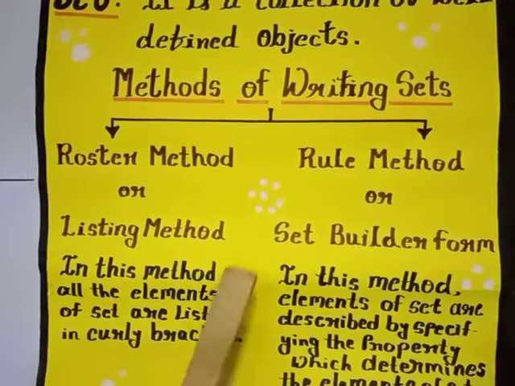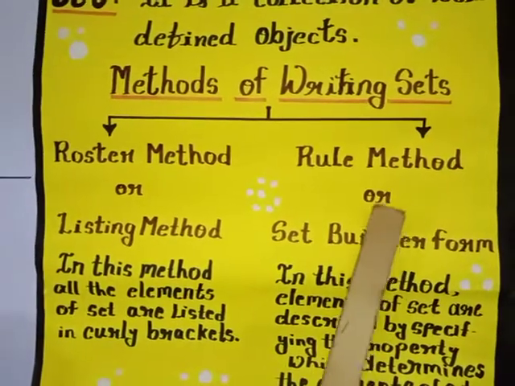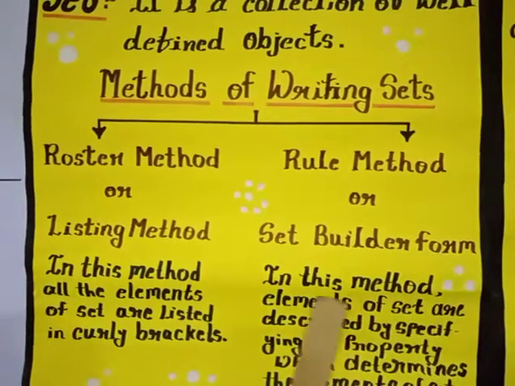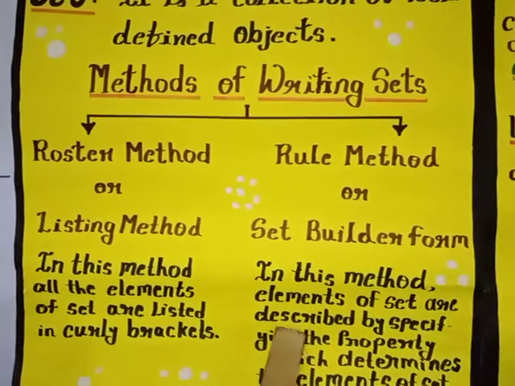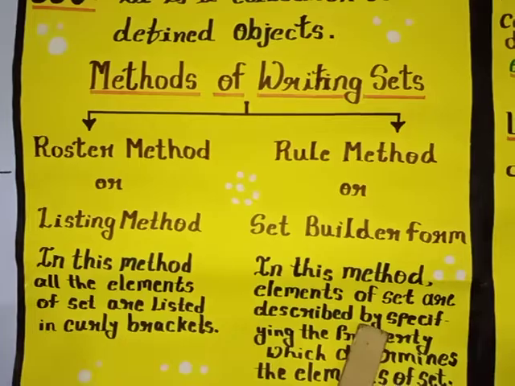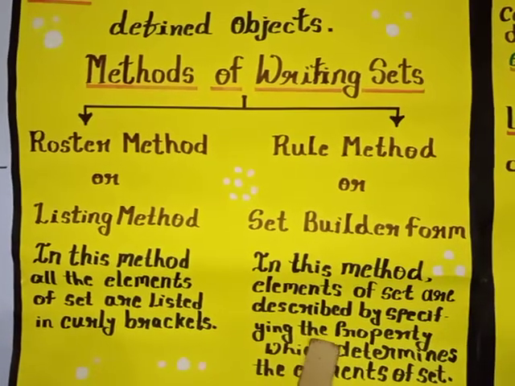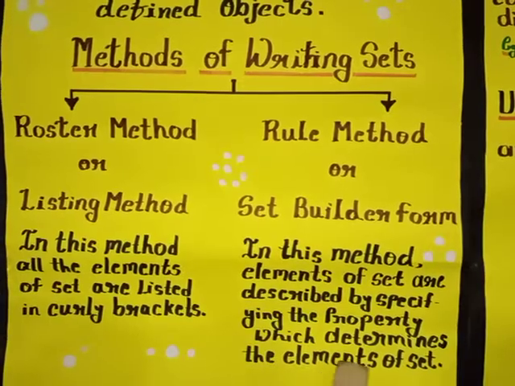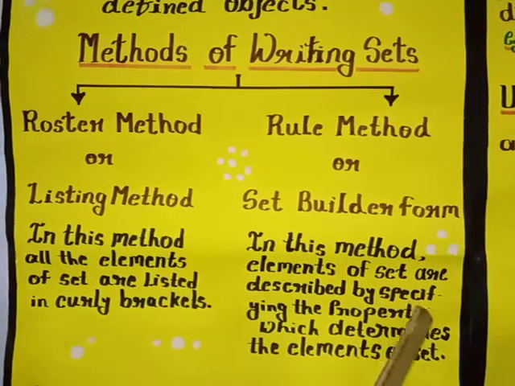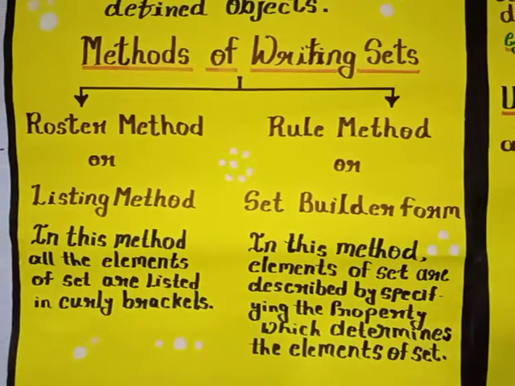We learned that. The second method is the rule method or set builder form. In this method, the elements of the set are described by specifying the property which determines the elements of the set. It means there are rules to be followed in this method.